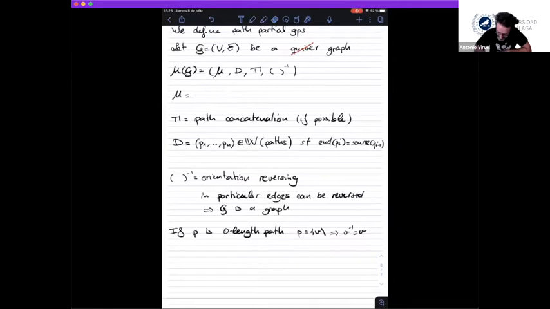So paths are just the same as sequences of vertices, right? And so essentially, we've got words on V, right?